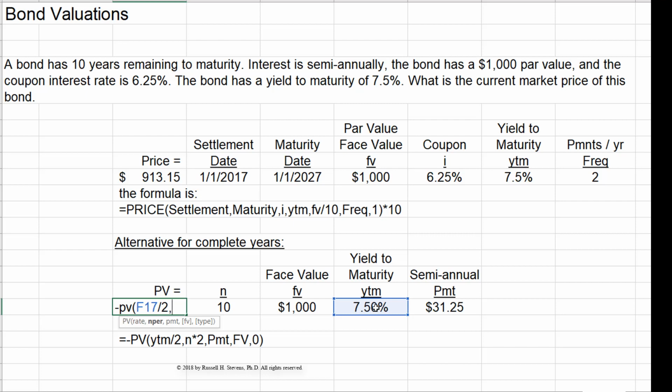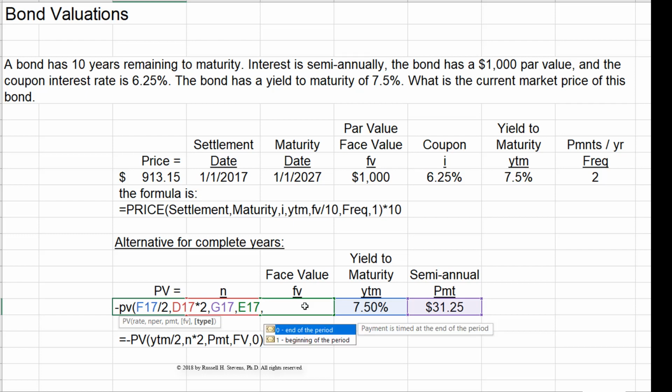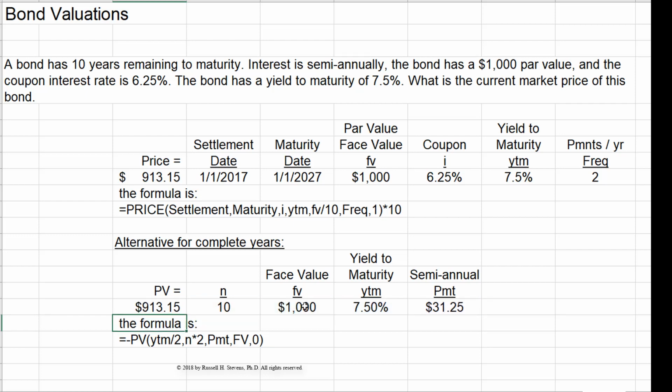Highlight the 10 and type in an *2 followed by a comma. Highlight the $31.25, type in a comma, highlight the $1,000, type in a comma, type in a 0 followed by a close parenthesis, and press Enter.